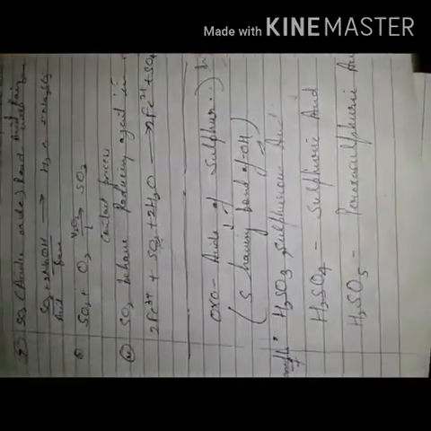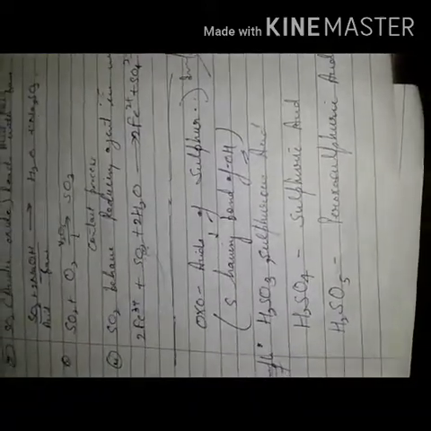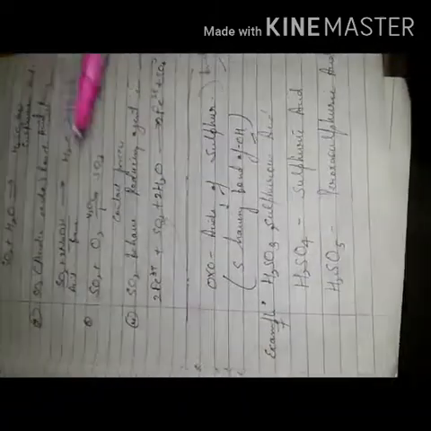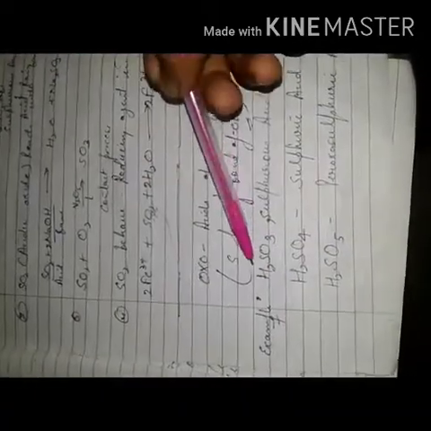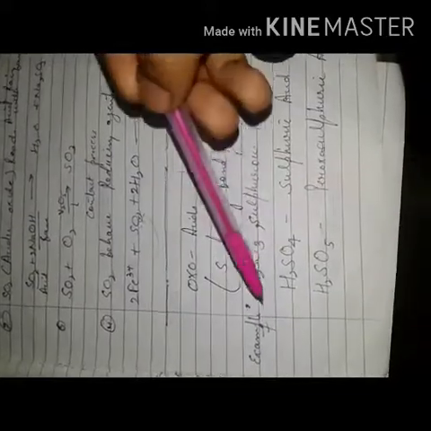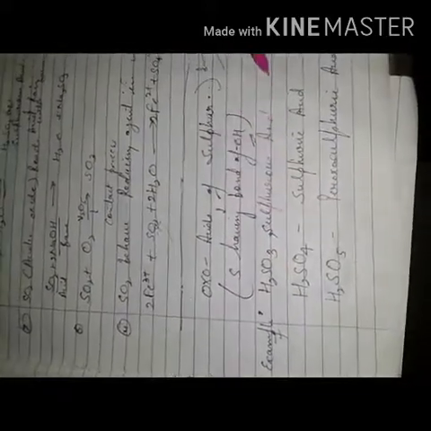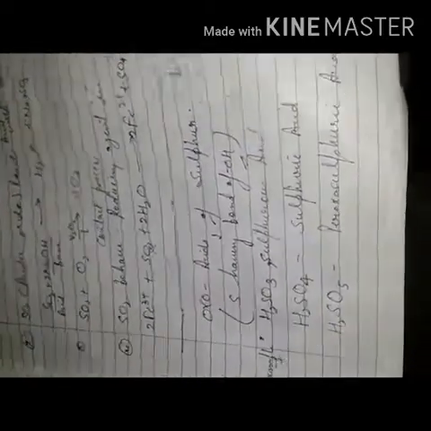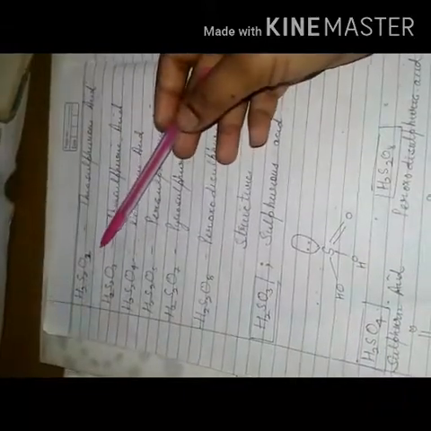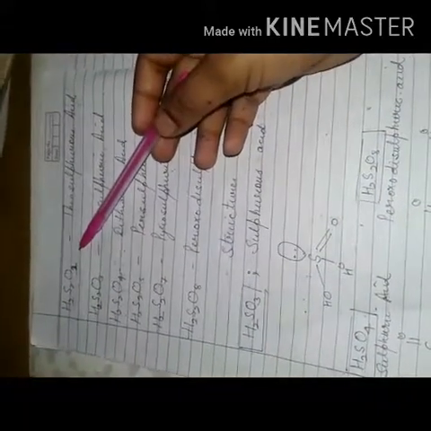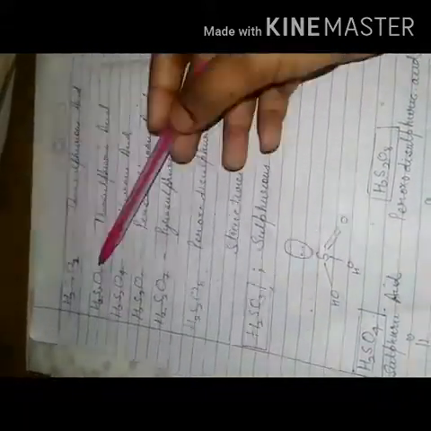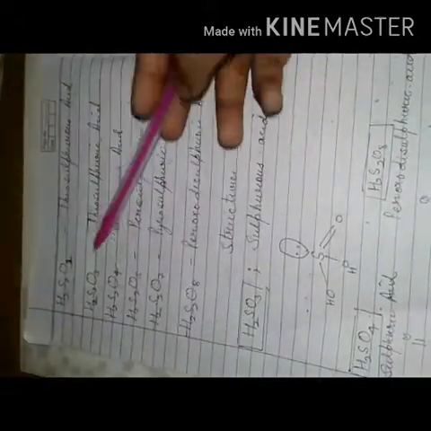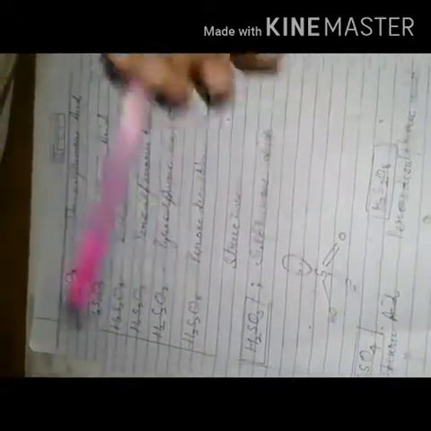We have several examples of oxoacids of sulfur: H2SO3, named sulfurous acid; H2SO4, sulfuric acid; H2SO5, peroxosulfuric acid; and H2S2O2, thiosulfurous acid. These are all oxoacids of sulfur.